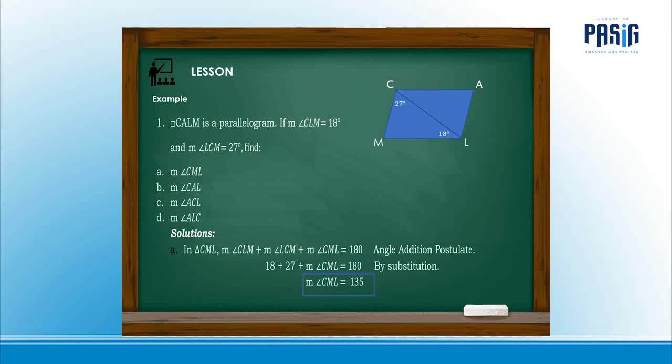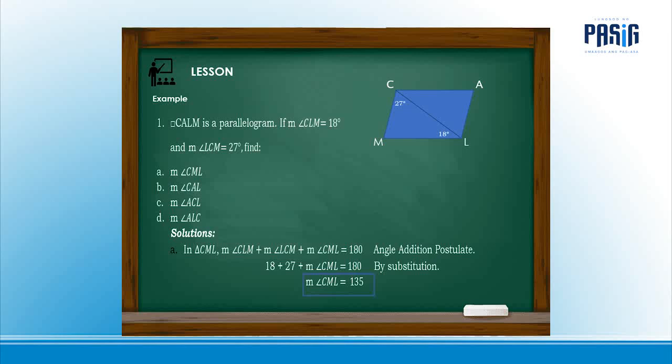Solutions. In letter A, to find the measure of angle CML, in triangle CML, the measure of angle CLM plus the measure of angle LCM plus the measure of angle CML is equal to 180.